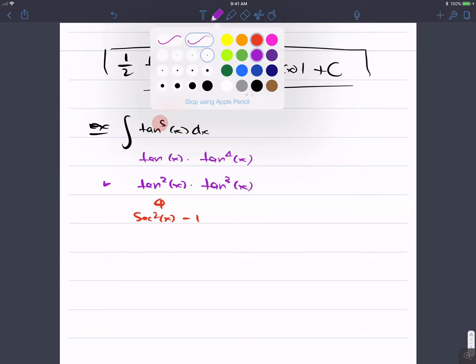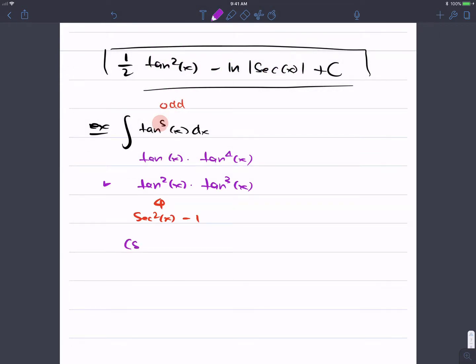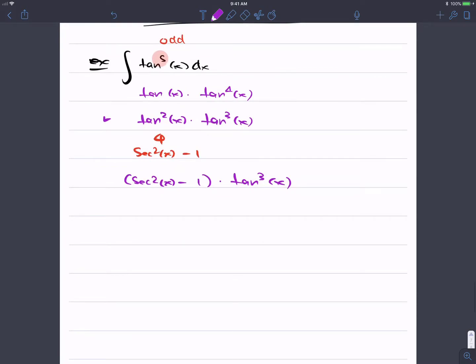So we end up with secant squared x minus 1 times tangent cubed x. Now let's do what we did before and just FOIL. I get secant squared x times tangent cubed x minus tangent to the third power. This is what we really have to integrate.